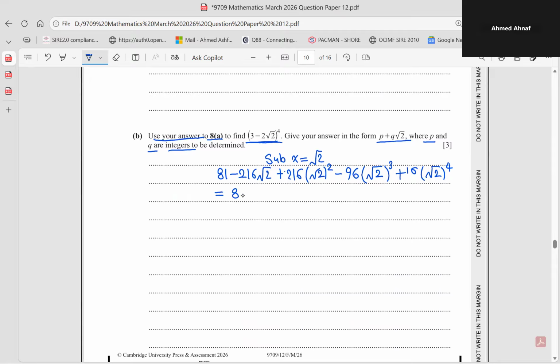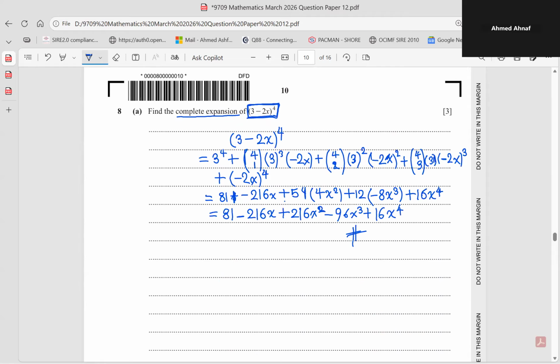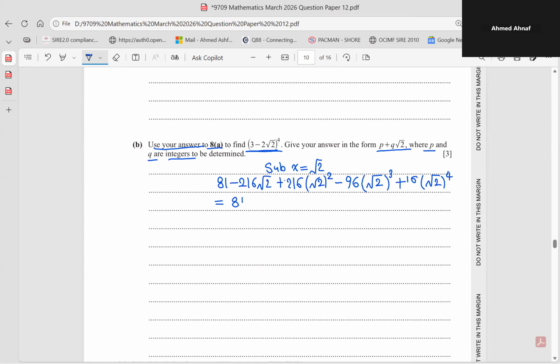So simplifying, you would get 81 minus 216 square root 2 plus 216 times square root 2 squared.